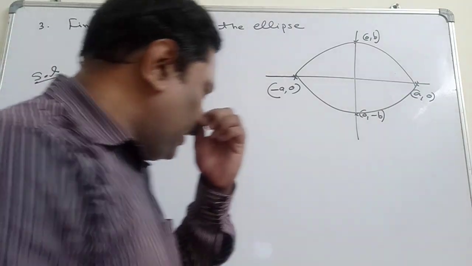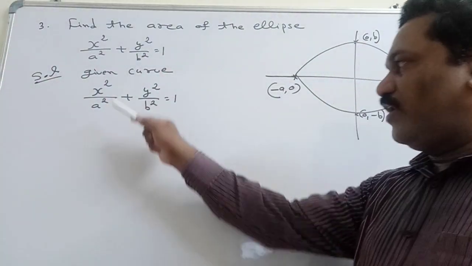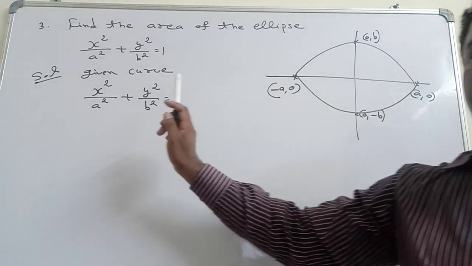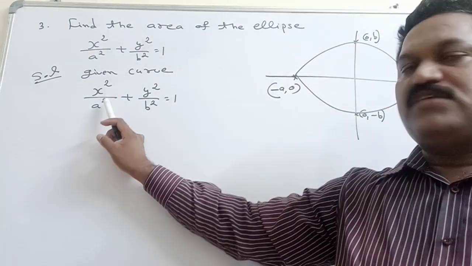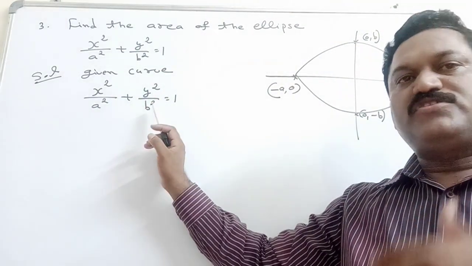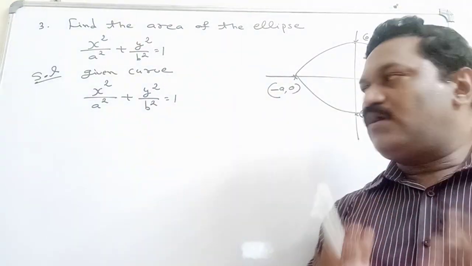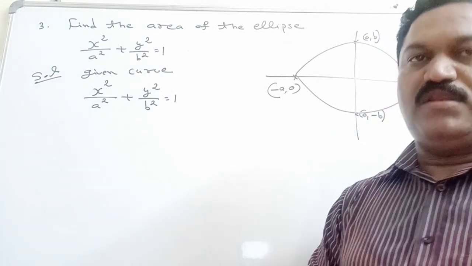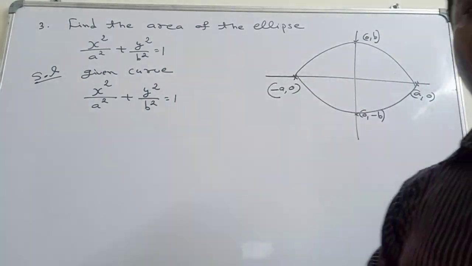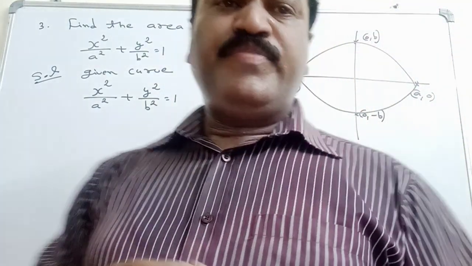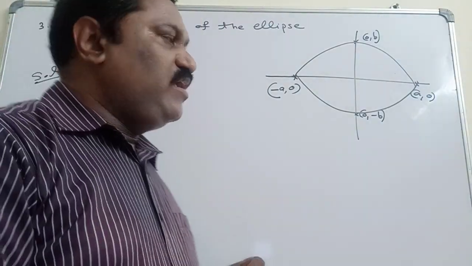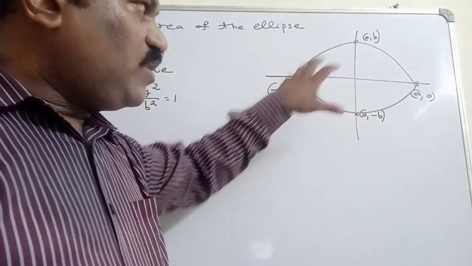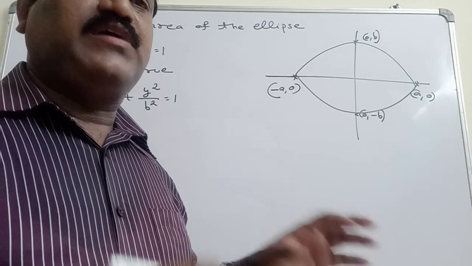To find its area, if you observe the given equation, all the powers of x are even, and all the powers of y are even. For any curve, if all the powers of x as well as all the powers of y are even, then that curve is symmetric about both the coordinate axes. So in such cases, the area bounded in all the quadrants is equal.